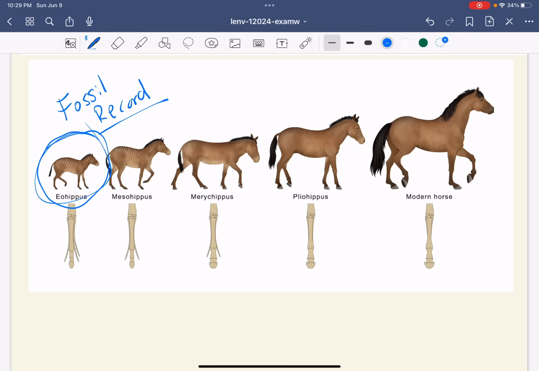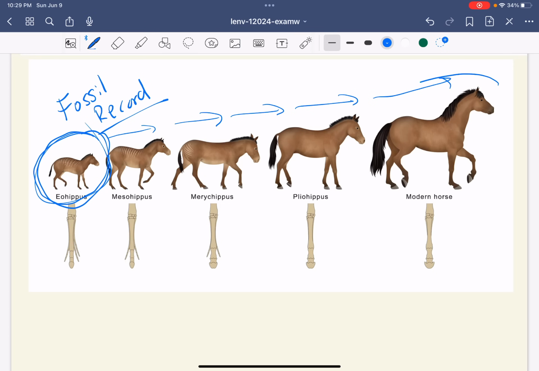So did you know that horses used to be the size of dogs or chihuahuas? And over time, DNA kept mutating and the animals kept changing over time. Now, this is millions of years. This isn't like 1 year to the next. This is millions of years.